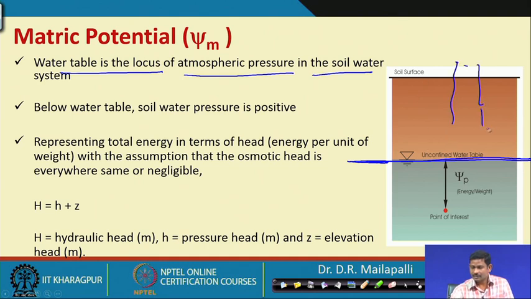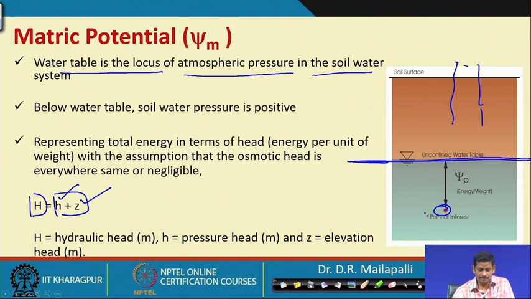The same atmosphere, whereas here down, suppose this is the point of interest. The total potential, here H, has two components, right. One is pressure potential and the other one is elevation.